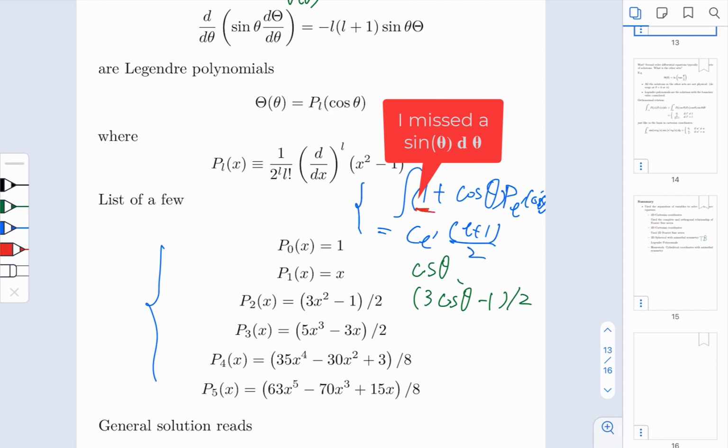So if you simply visually inspect this function, you see that the first term is P0 cosine theta, and the second term is P1 cosine theta.